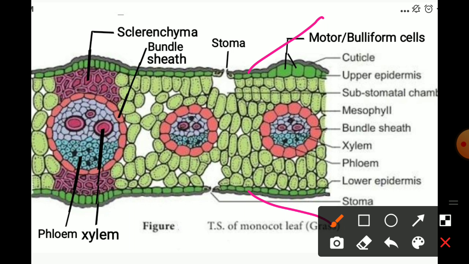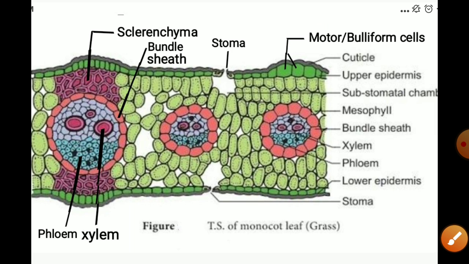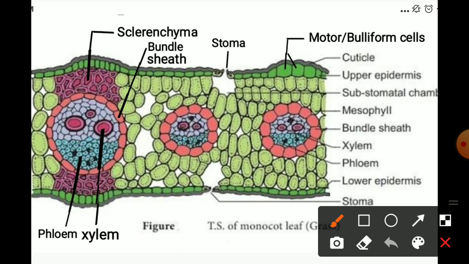This is a photosynthetic organ, a very broad, thin, and very long green part of the plant body. We call it a bifacial dorsiventral organ, the photosynthetic part of the plant body. So we have to study its internal structure.